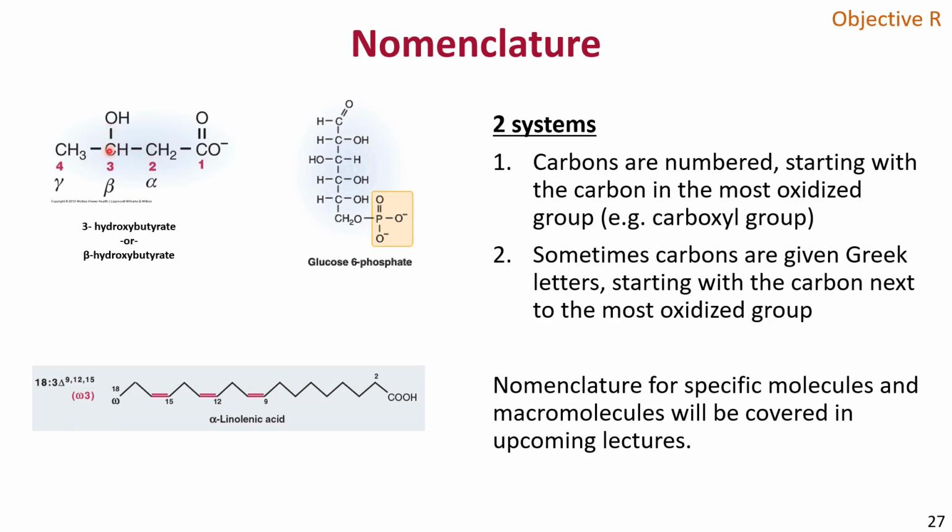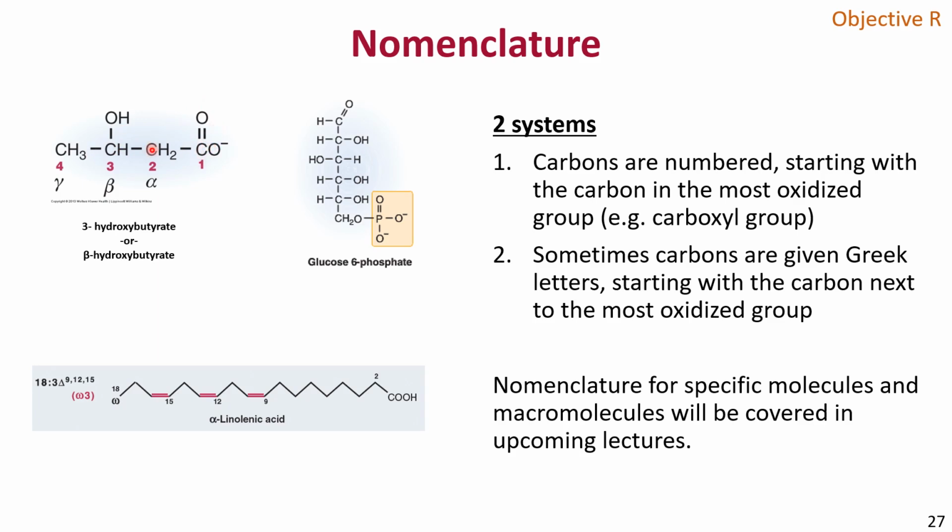If there's a branch here, you can say at carbon number 1, 2, 3, there's a hydroxyl group here. 1, 2, 3, 4 carbons. So remember methyl, ethyl, propyl, butyl for 4. So this is a butyl group. So it is a 3-hydroxybutyl, but because of the carboxyl group out here, it is butyrate.